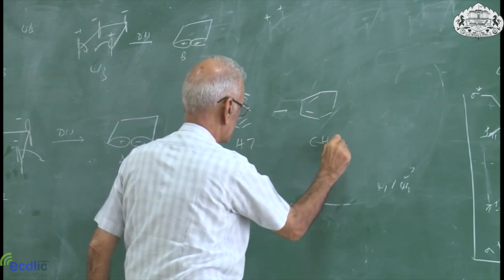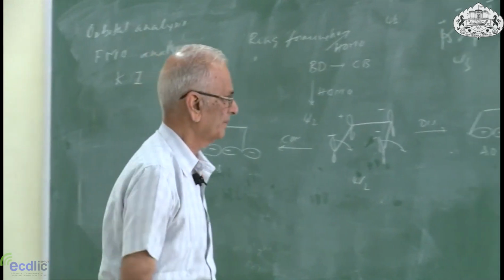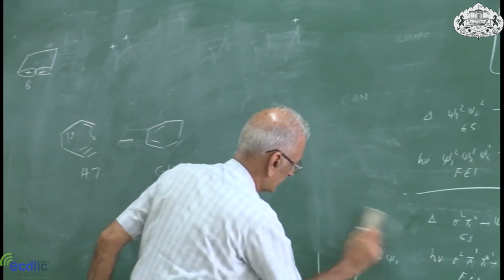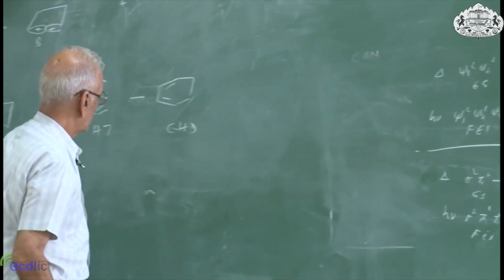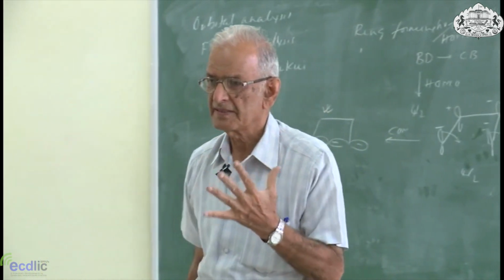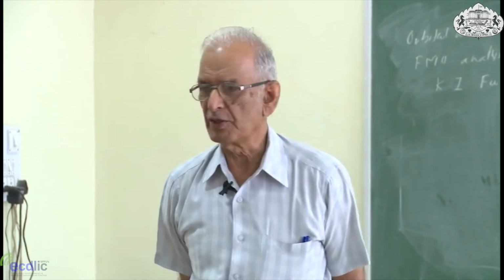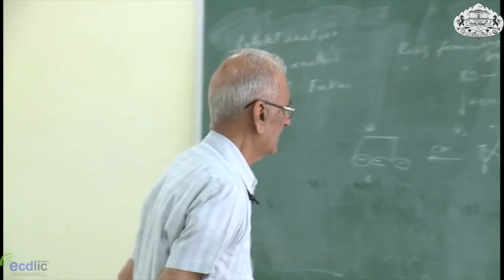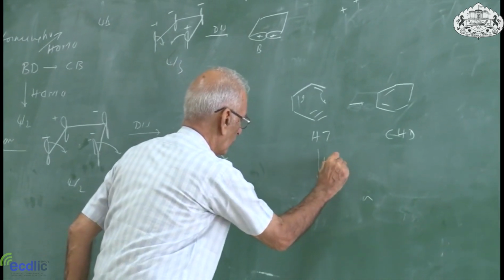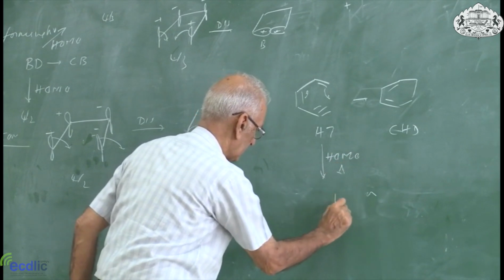Hexatriene going to cyclohexadiene. What is the HOMO of hexatriene? Hexatriene will have 6 orbitals. So, divide by 2, your HOMO is going to be phi 3. HOMO for the thermal reaction is going to be phi 3.